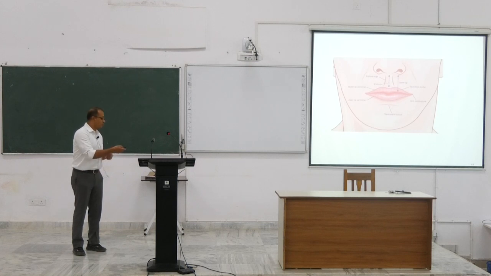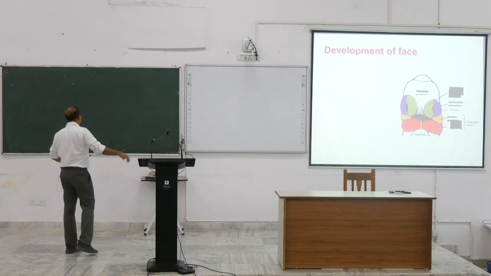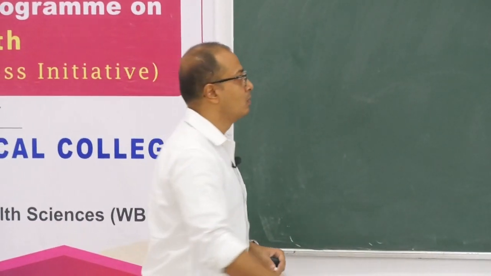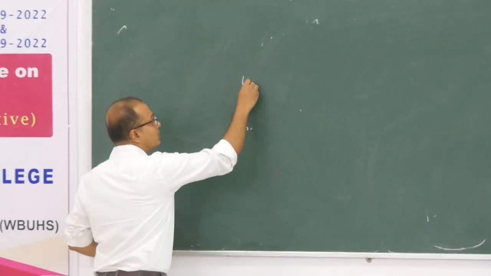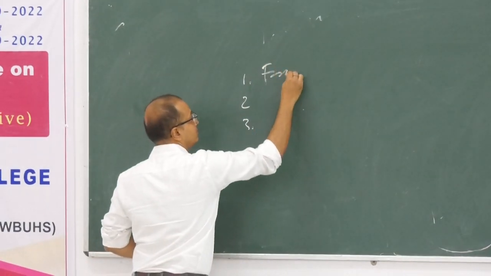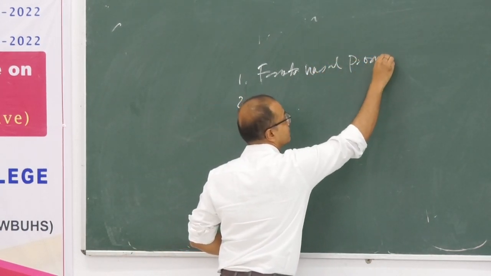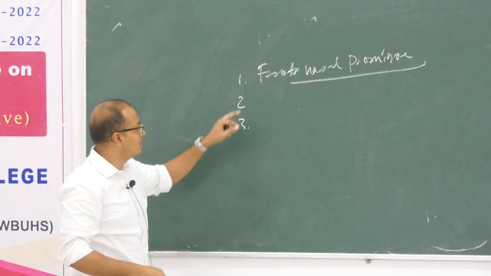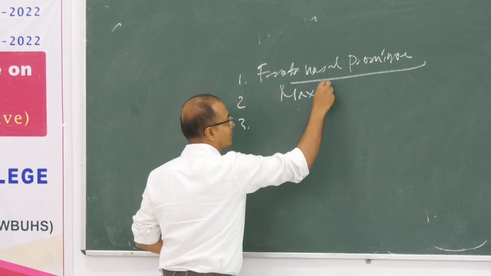So let's begin with the development of the face. Whenever you are going to understand the development of the face, there are three elements which play roles. One is the central part, the frontal nasal prominence. If you know this name, numbers 2 and 3 are easy: we call them the maxillary prominence.